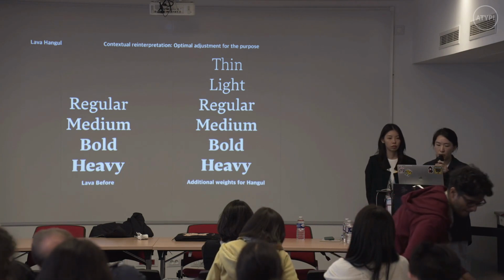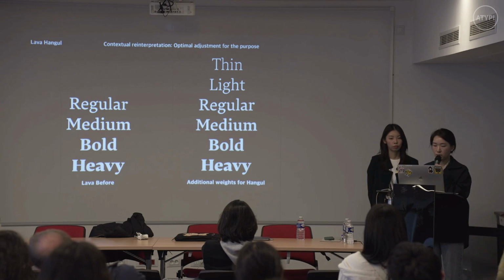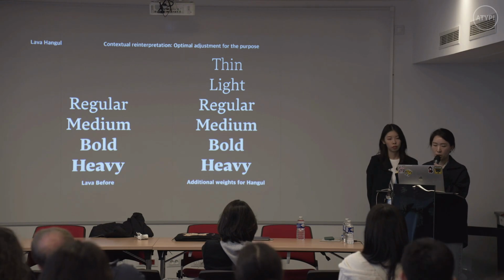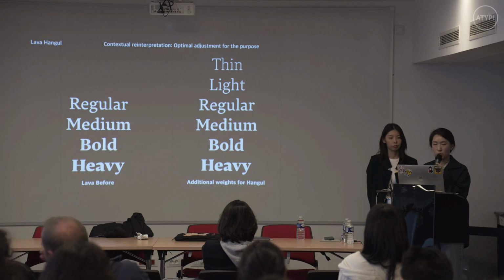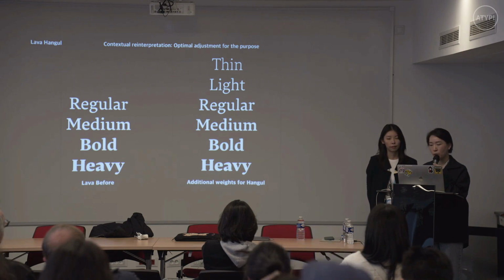Moreover, Typotheque created two additional lighter weights as Lava Hangul developed, to maximize usability for Korean local users, because Lava Regular is relatively bold to use as a body text font in Korea. So we thought that lighter weights are required to be used properly as a text font.